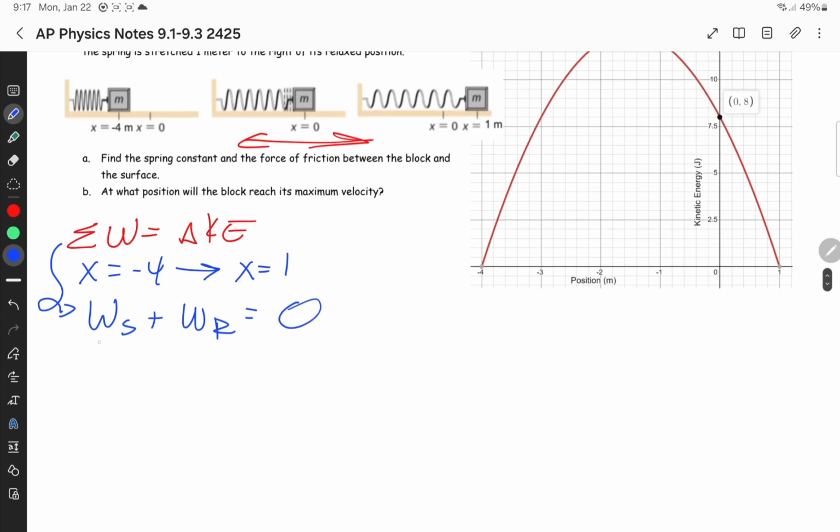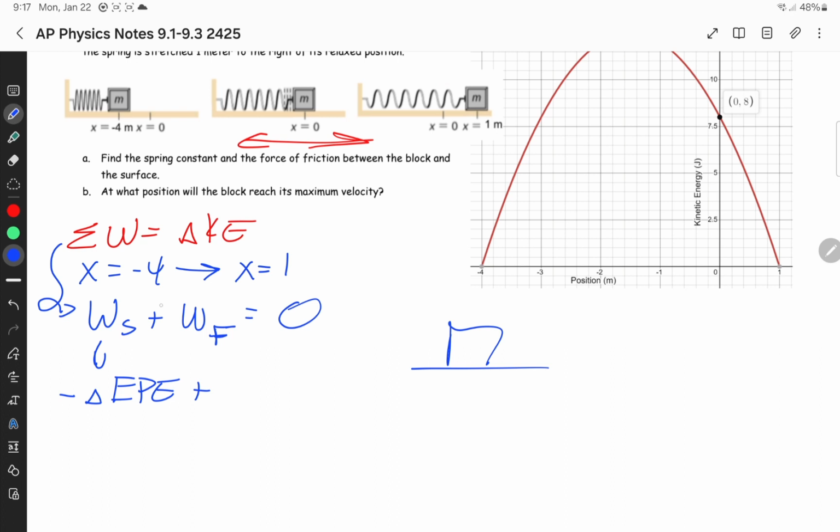So the work of the spring, that's equal to the opposite of the change in elastic potential energy, plus the work of, oh, did I say the work of Roy? It's embarrassing. It was supposed to be the work of friction, right? So the work of friction is, well, let's see what's going on here.